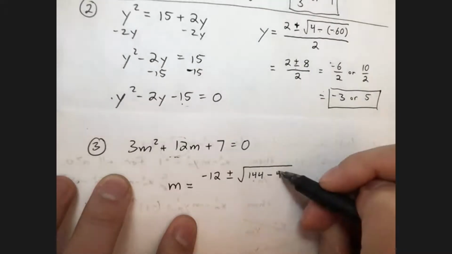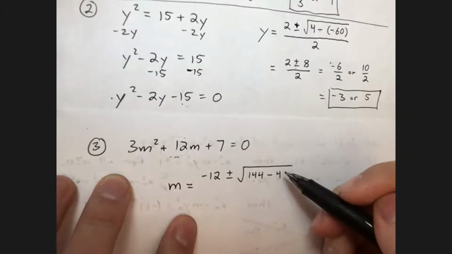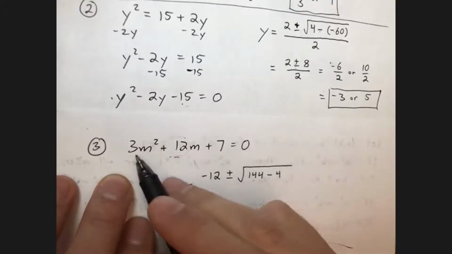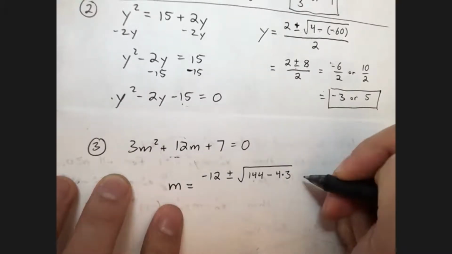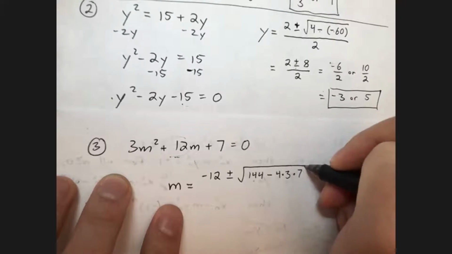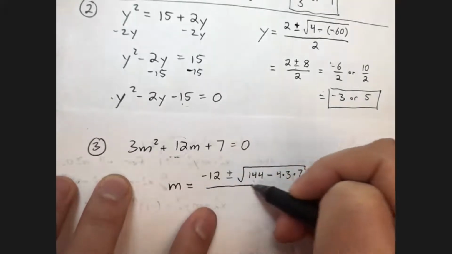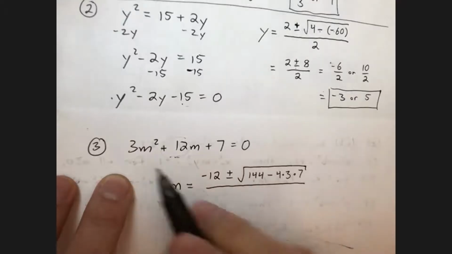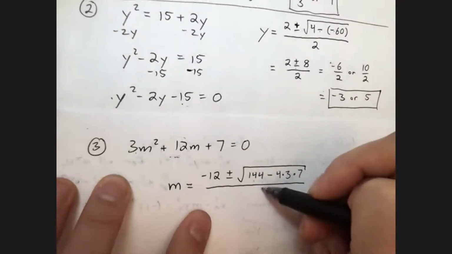Now, maybe I'll write it down because it's a more complicated thing to multiply out. 4 times a times c, 4 times 3 times 7. And then we're going to divide by 2a, 2 times 3.